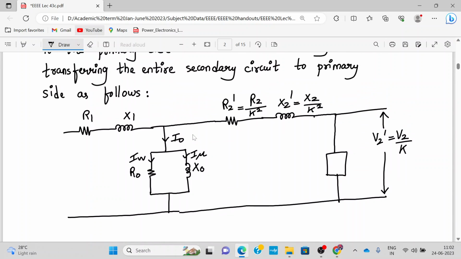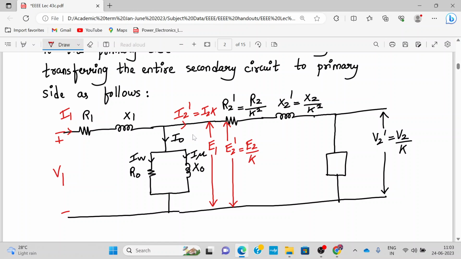So now let me complete this. This current will be I2 dash, which will be the same as I2 times K. This current is I1. The voltage over here is V1. The EMF induced over here is E1. The EMF induced over here, E2 dash, will be E2 by K. Alright.